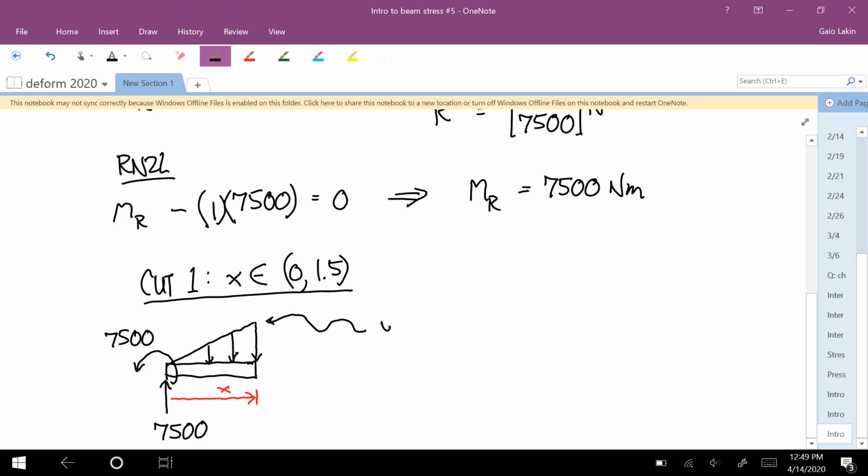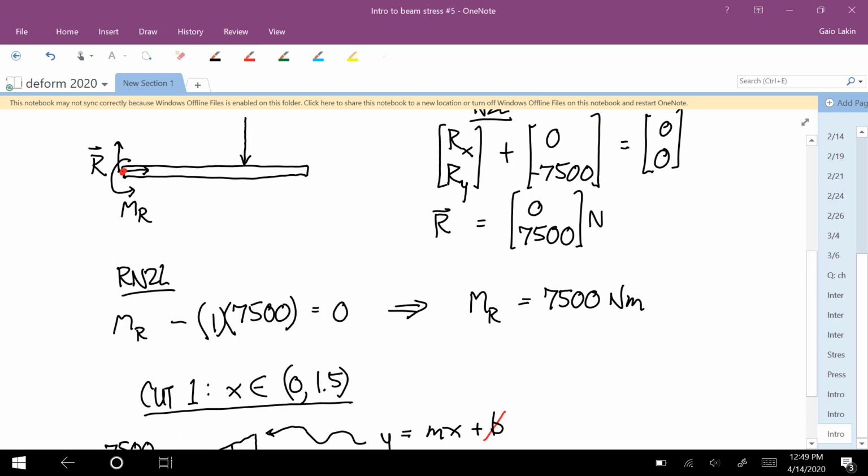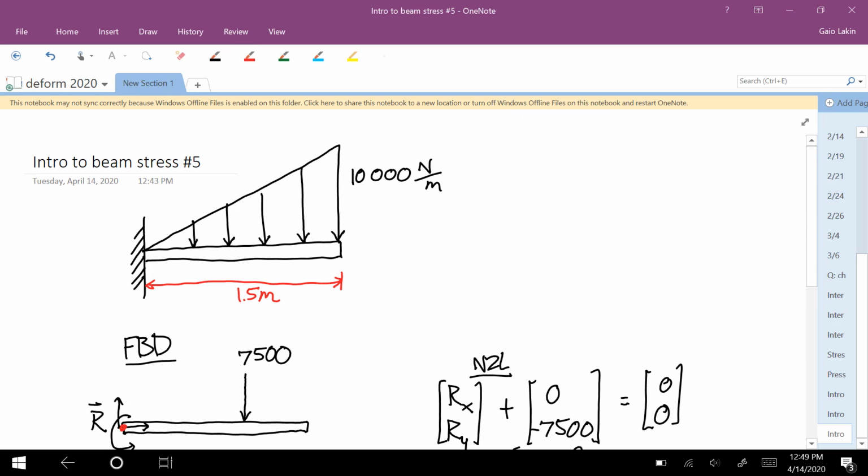We know that this is a linear function. We know that when x is 0, b is equal to 0, so that goes away. The slope we can get from the original distributed load. We have a rise of 10,000 over a run of 1.5.